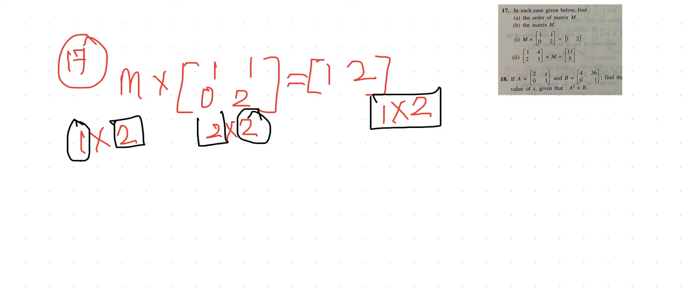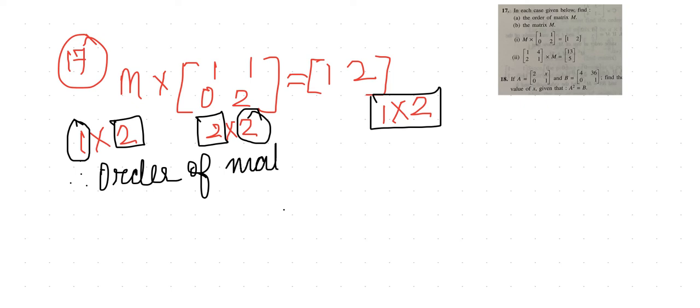Because if multiplication is possible, the number of columns of matrix M should be equal to the number of rows of the second matrix which has been given. So this is how you concluded the order. Now you have to find out what the matrix M is equal to. So now you will be writing, therefore, the order of matrix M is equal to 1 into 2.